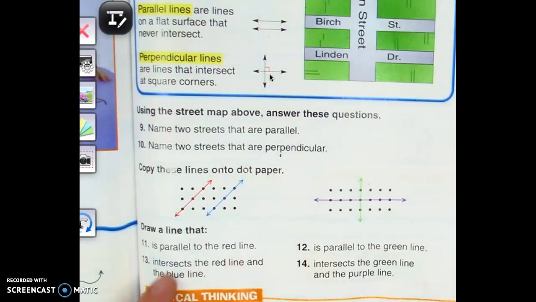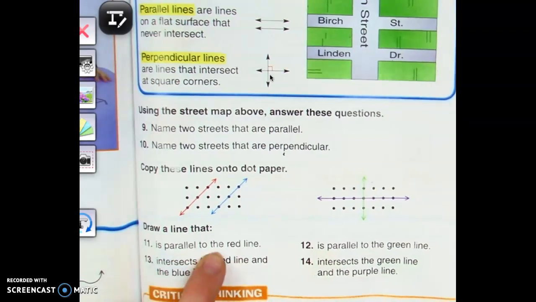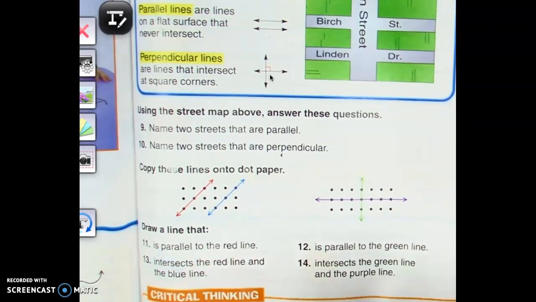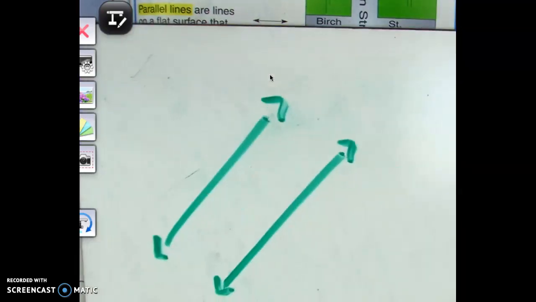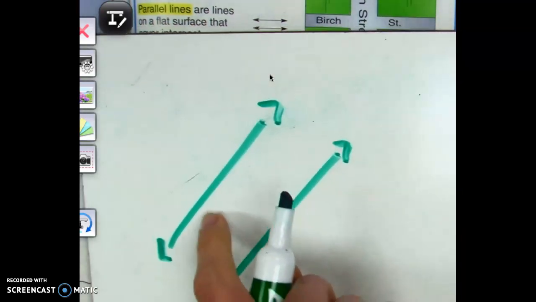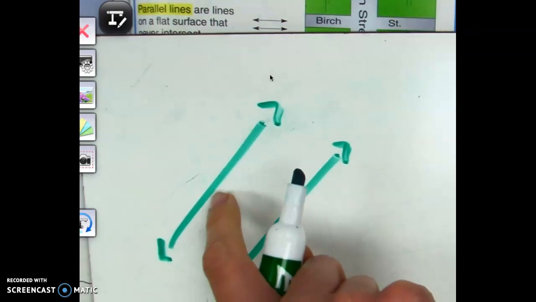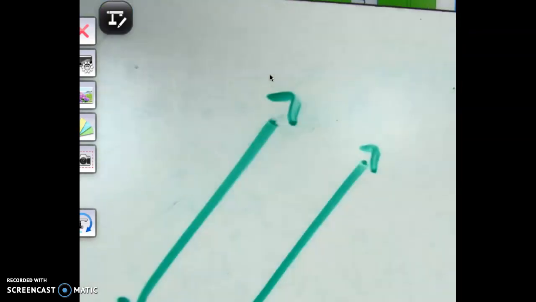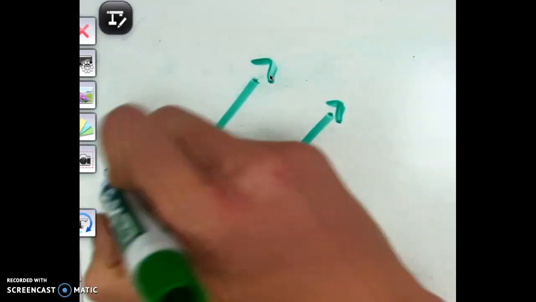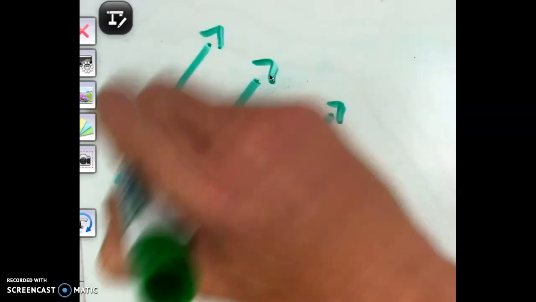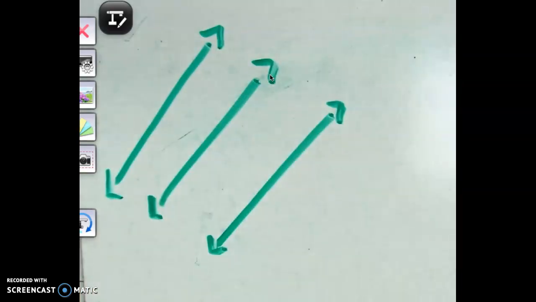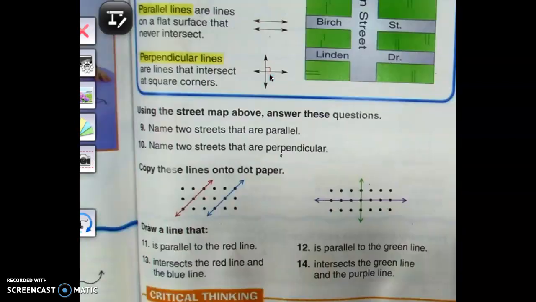And then what it wants you to do is draw a line that's parallel to the red line. So remember, parallel lines never meet. So if I wanted to draw another line that was parallel to this, and if you want to do yours in red and blue like they did, it might be easier. Sorry, I didn't have red and blue Expo markers, but that line is parallel to red.